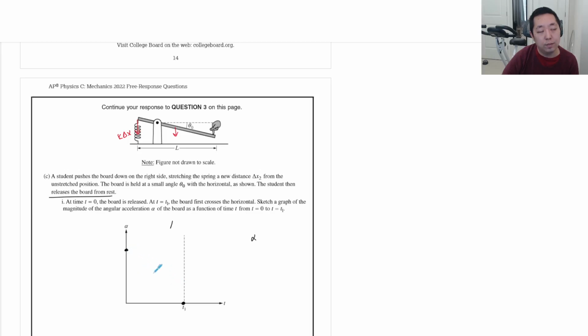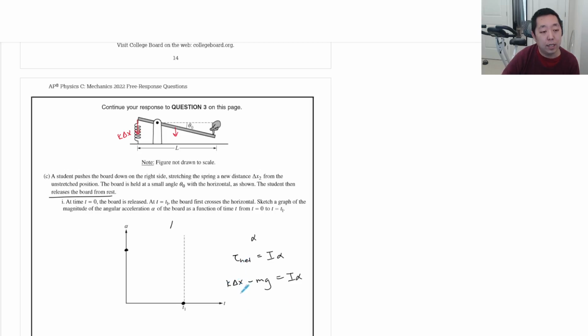So I want to think about what the solution ought to look like. Maybe the way I could prove this is I could do net torque equals I alpha. The net torque being the k delta x minus mg equals I alpha.